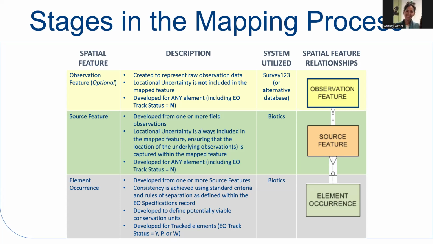In contrast, the source feature is recorded in Biotics, and it is developed from one or more observations. The locational uncertainty is always included in the mapped feature for the source feature, which ensures that the location of the underlying observation is captured within that mapped feature.